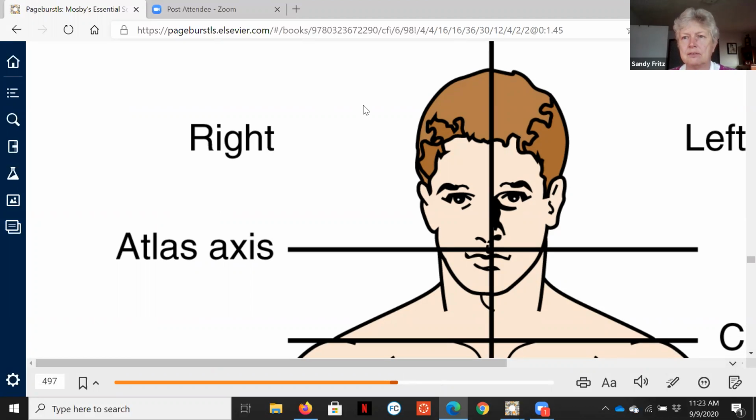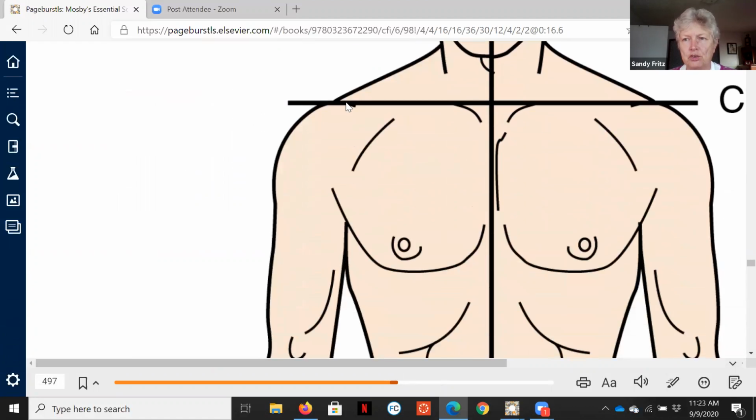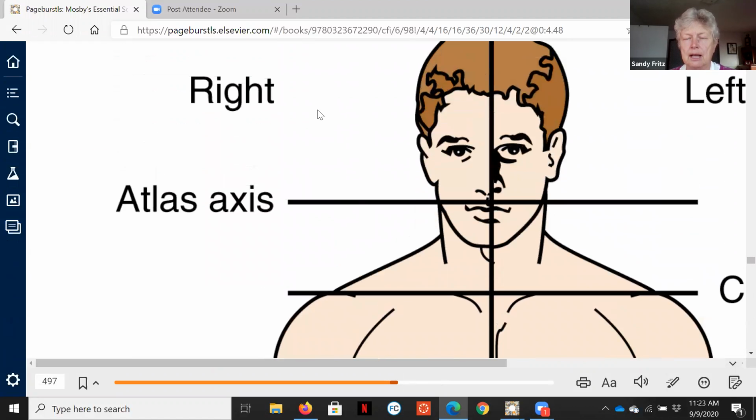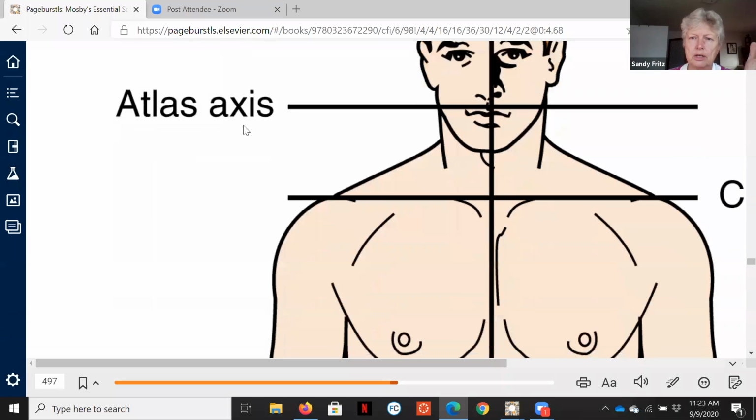This is a simple version of how we can eyeball and look for functional symmetry and stability related to balance and posture.